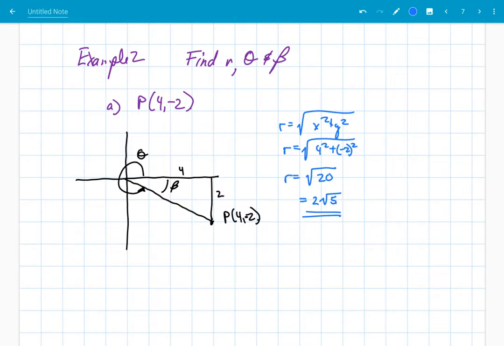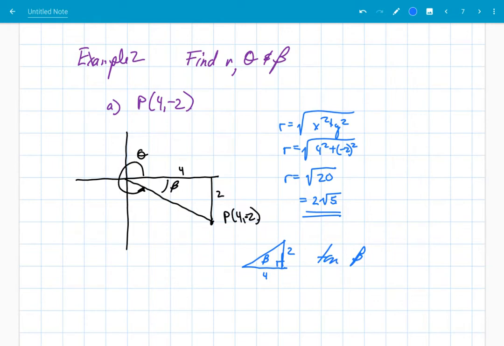Theta, well, I'm actually going to start with beta. And I often, at least for the first couple of times, I'm going to go ahead and do this. I totally flipped around that triangle just to give you an idea of how to approach this. That's what beta is. So I'm just going to get beta first.